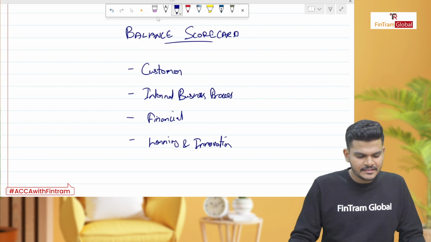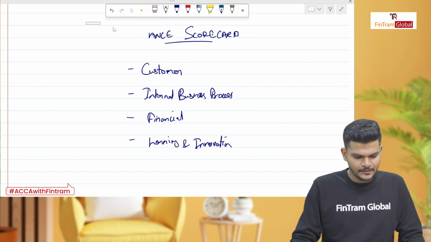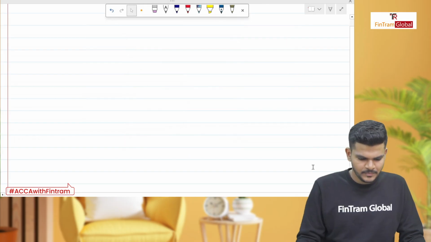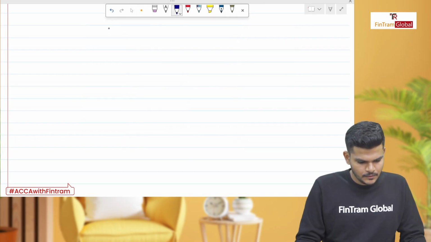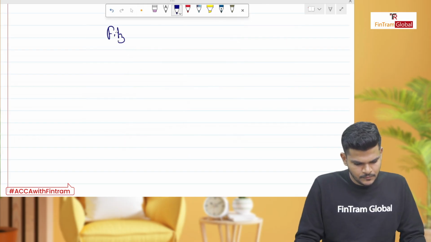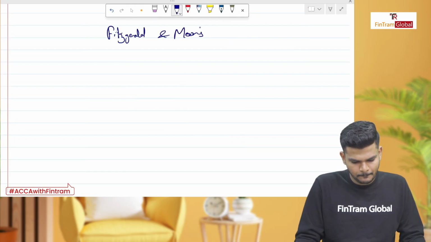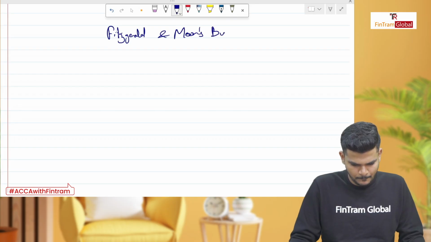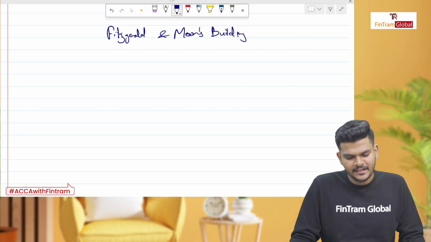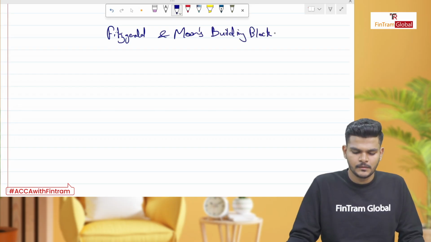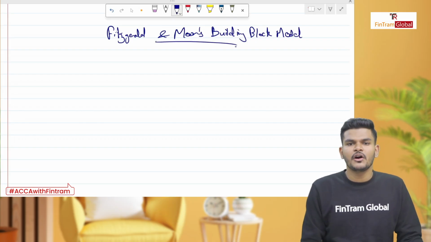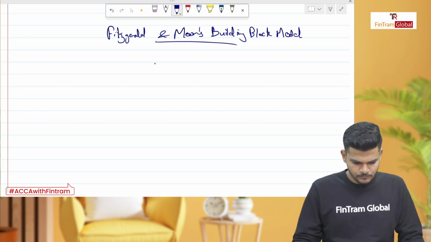Now, the next aspect that we will be looking at would be Fitzgerald and Moon's building block model. So what does the building block model have to do here?